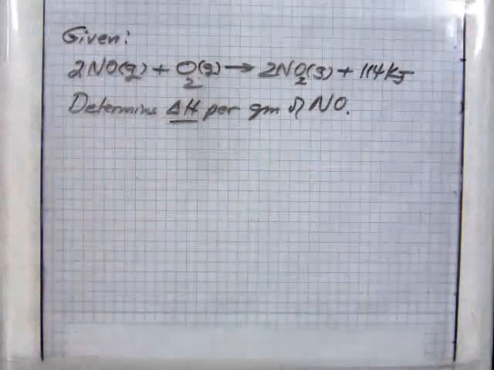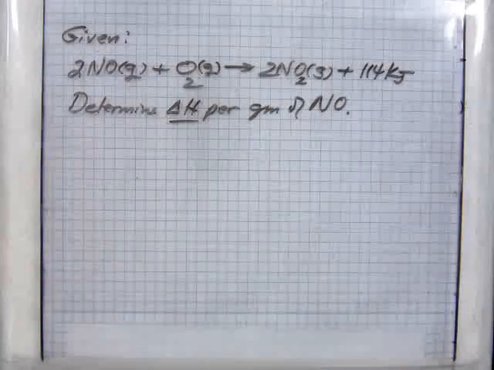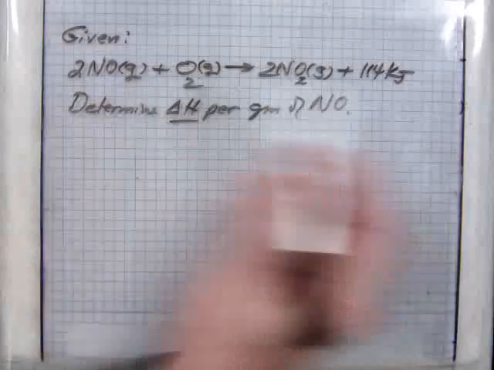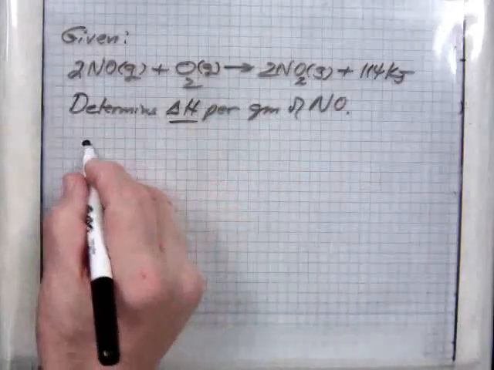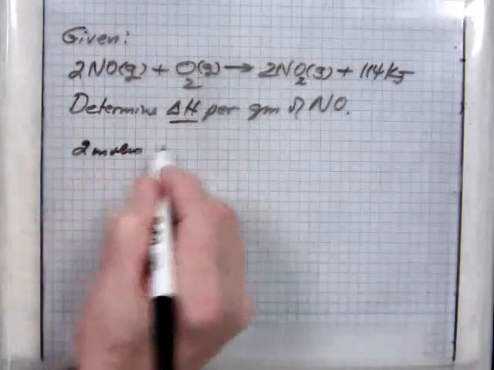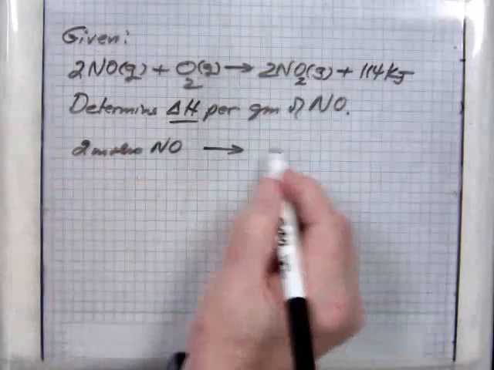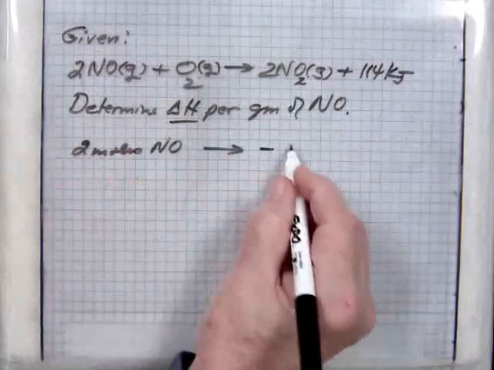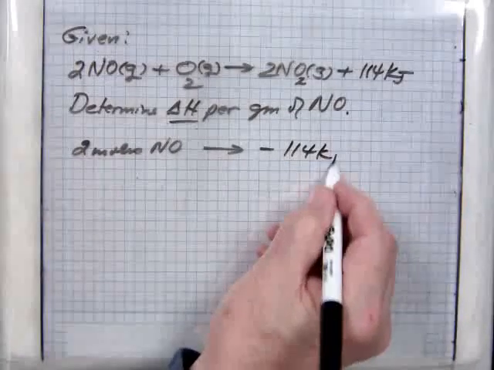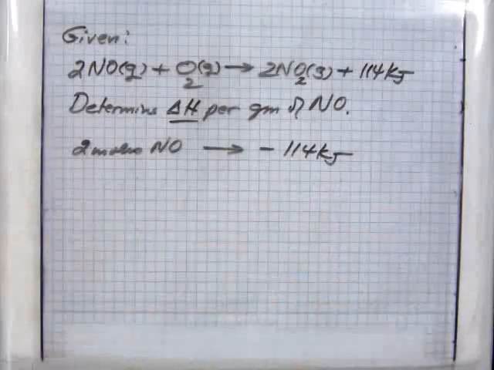Now we can calculate energy per mole, but then we need to convert the moles into grams. It's easier to show you than try to explain it. What is the equation showing us? 2 moles of NO yields exothermic 114 kilojoules of energy, right?